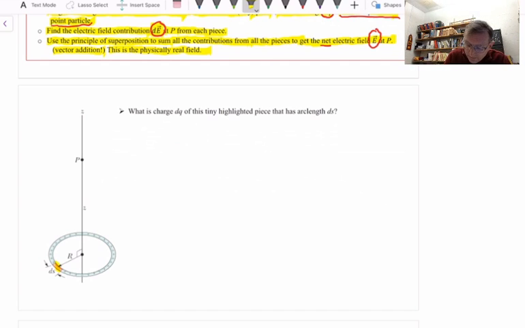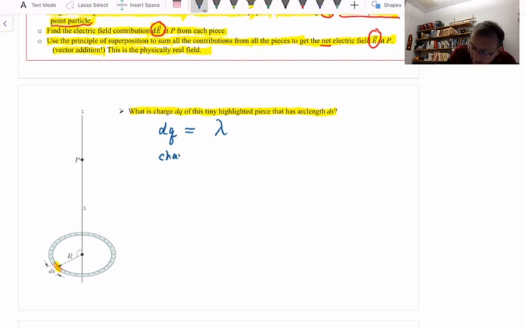Here's the first question. What is the charge dq of this tiny highlighted piece that has arc length ds? That's going to be symbolic. There's not a number here. How much charge dq does that little piece have? Here's the key thing to remember. This ring has a linear charge density lambda.